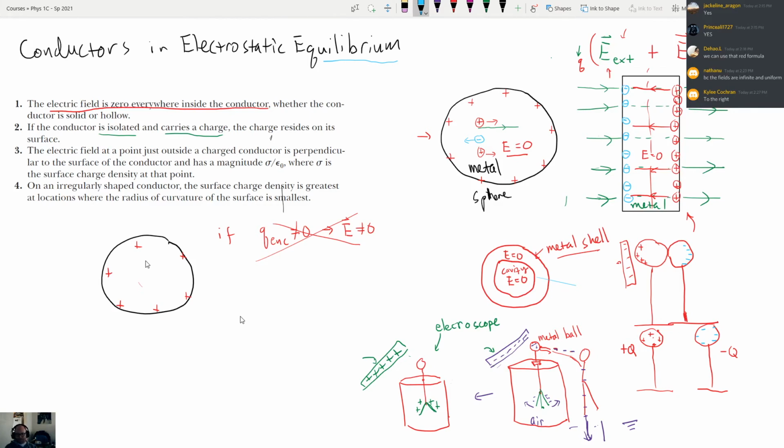A guy named Michael Faraday figured out that if you have a metal cage, so let's say we have one of these at the school, basically a cube made out of metal, but this kind of loose metal. It's almost like a screen, like the texture of a screen door. You've got a bunch of grids, and it's made out of metal.